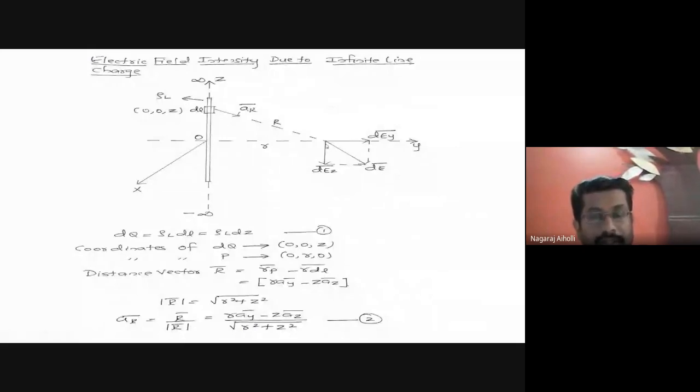Because the magnitude of the charge on the plus z axis and the same charge on the minus z axis are the same, but they are opposite in polarities. Hence their electric field intensity at some point will be nullified because they are equal and opposite in magnitude. And hence, as the z component is 0, we are not considering it.